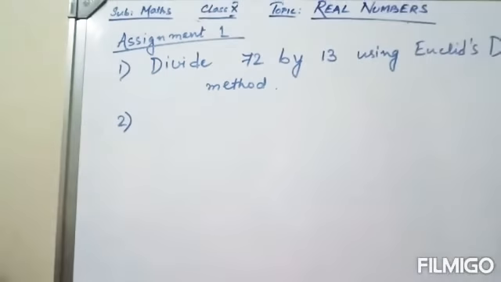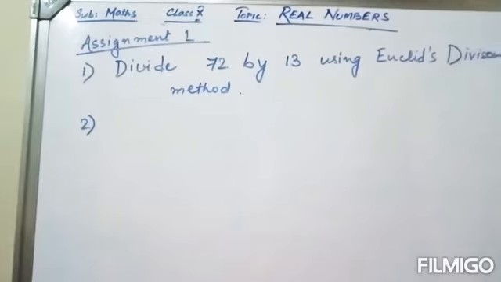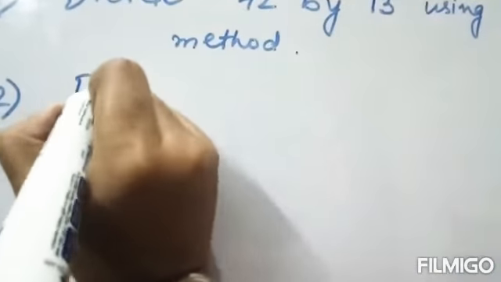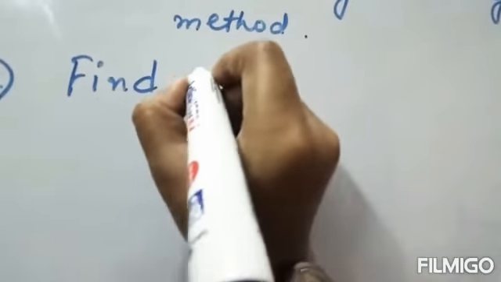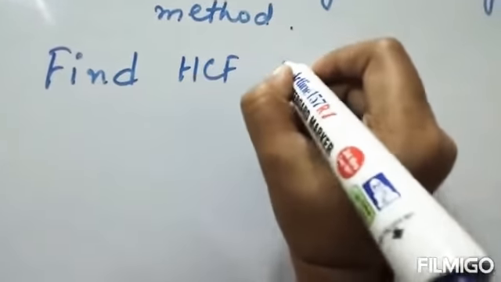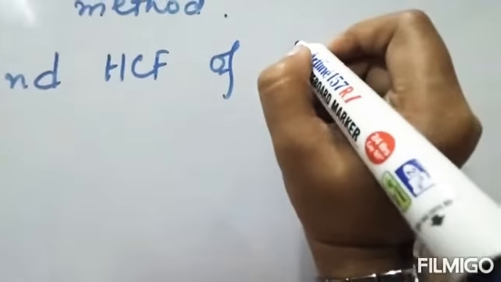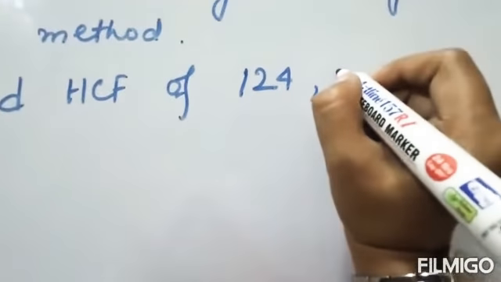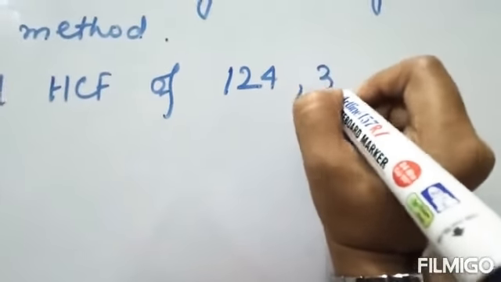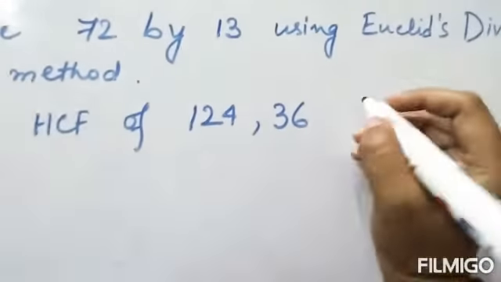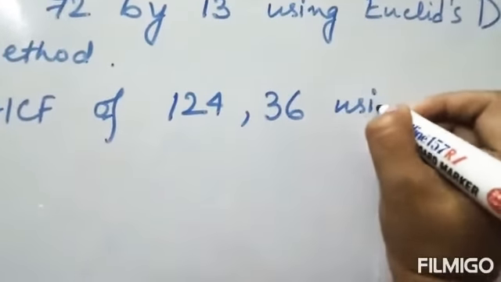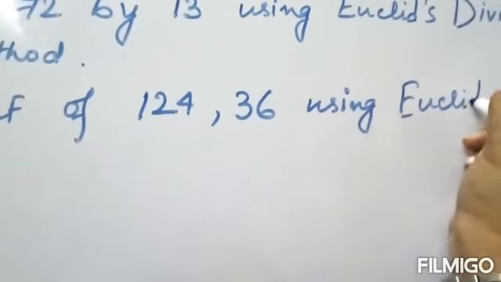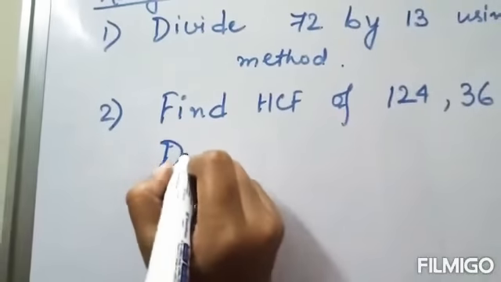Second, find HCF of 124 and 36 using Euclid's division.